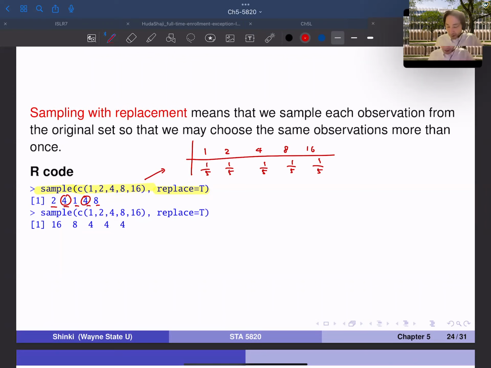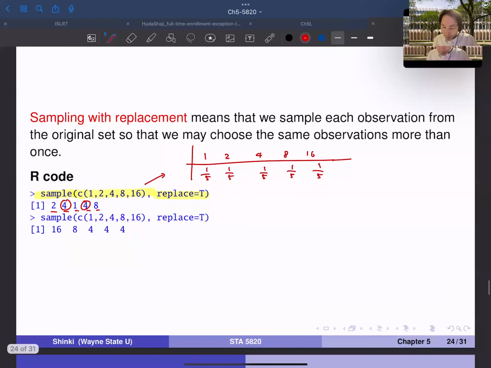But since we only have these 5 observations, the most natural way, if we don't assume anything more, is to give 1/5 probability to each observation. That's a reasonable approach. So that's why we do 5 observations with replacement.